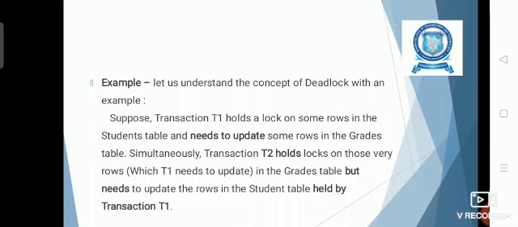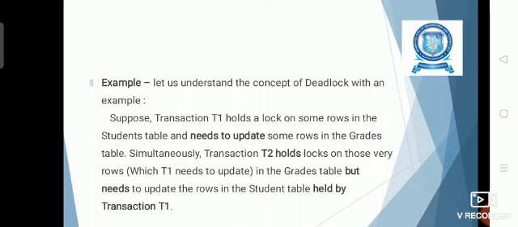So T1 will wait for the transaction T2 to give up the lock, and similarly the transaction T2 will wait for the transaction T1 to give up the lock. As a consequence, all activity comes to a halt and remains at a standstill forever unless the DBMS detects the deadlock and aborts one of the transactions.